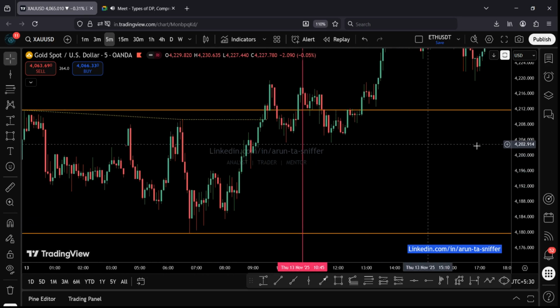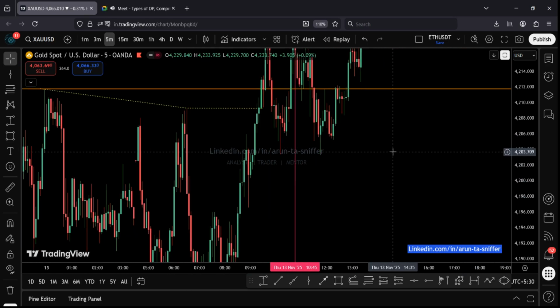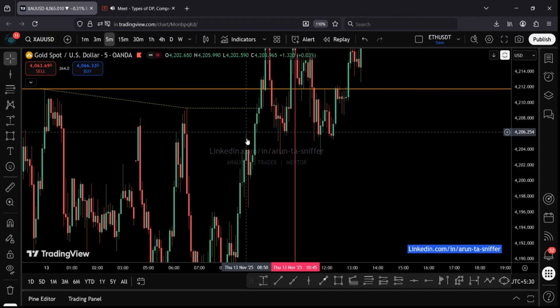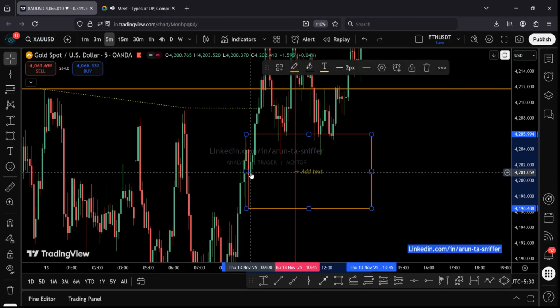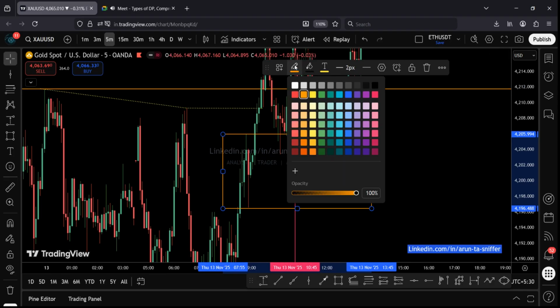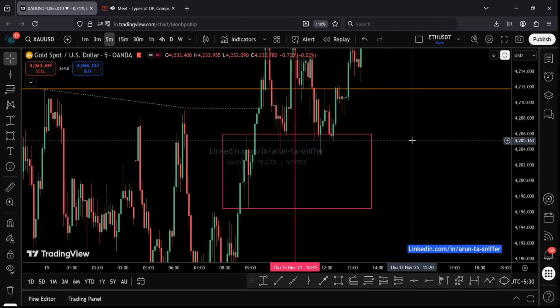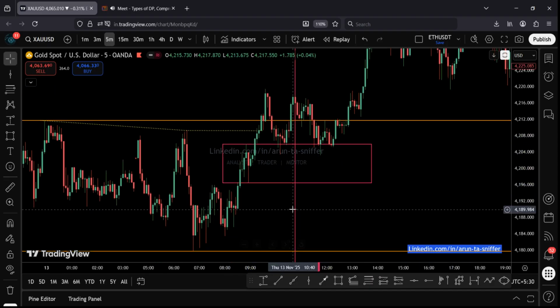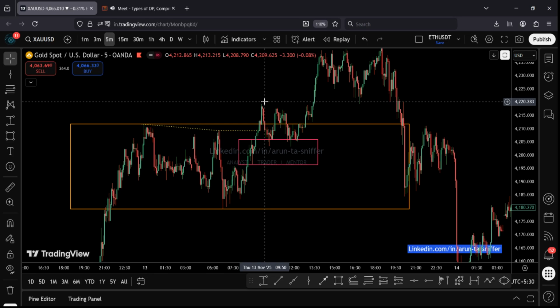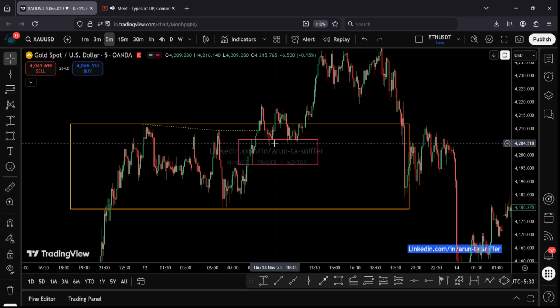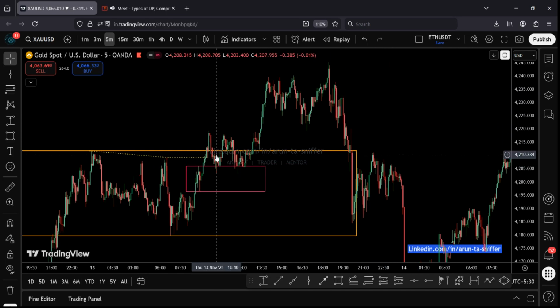Okay, so to break this zone, which one break this zone? This one. This is where the decision was made to break this. Like this. Delete this. So what happened? Price breaks to the upside and then came back to this zone and then goes up.